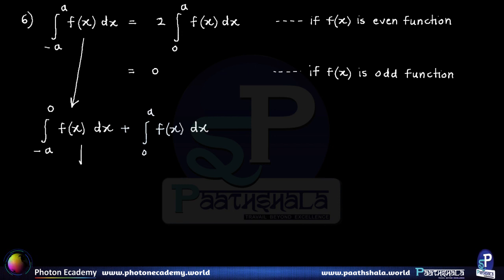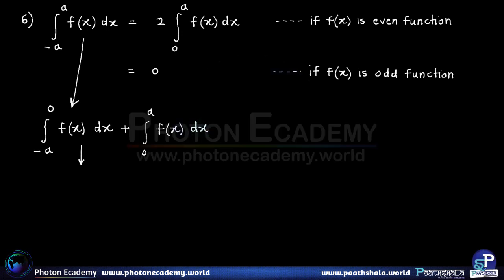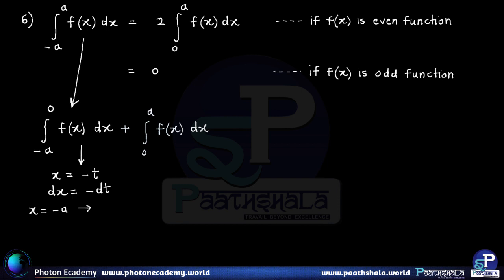Now in the first integral we will substitute the variable, that is in place of x I will write minus t, right? So that gives us dx is equal to minus dt. When x is minus a, that gives us t is equal to a, and when x is 0, that gives us t is equal to 0.